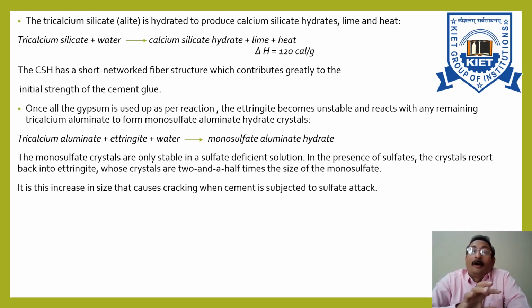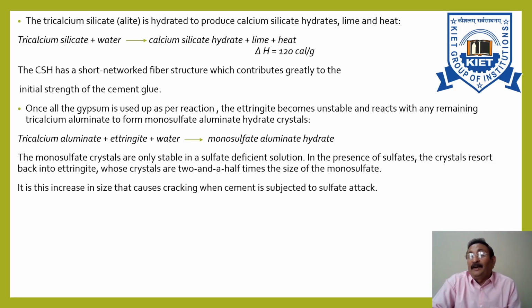Now, once all the gypsum is used up as per the reaction, ettringite becomes unstable and reacts with any remaining tricalcium aluminate to form monosulfate aluminate hydrate crystals. These crystals are only stable in a sulfate-deficient solution.